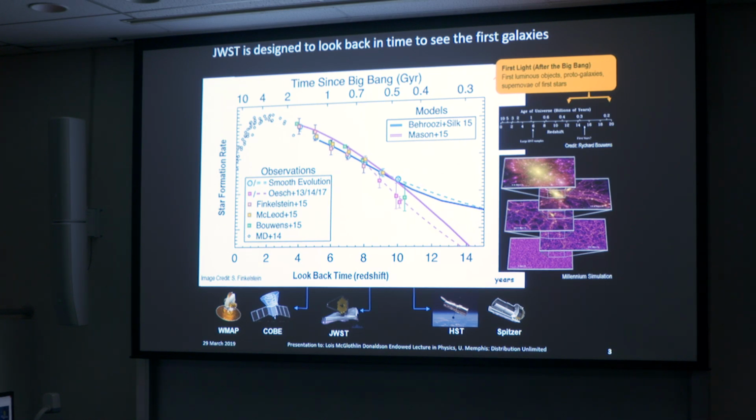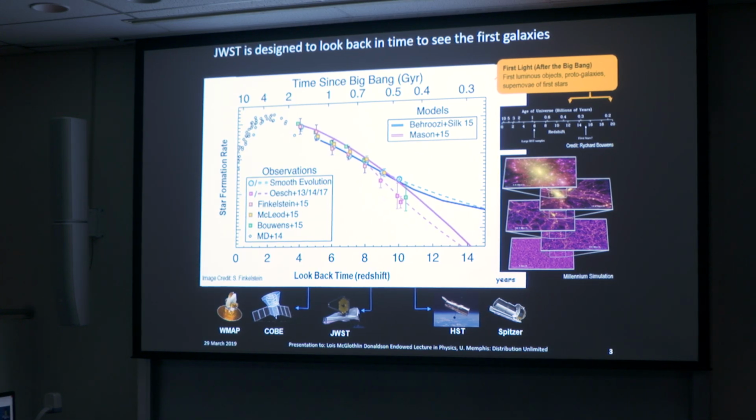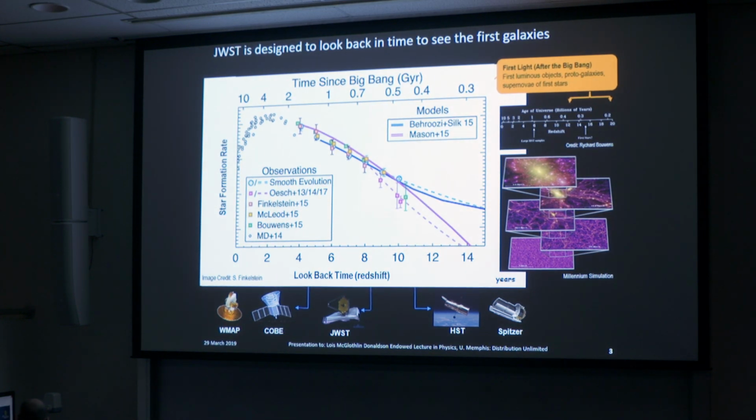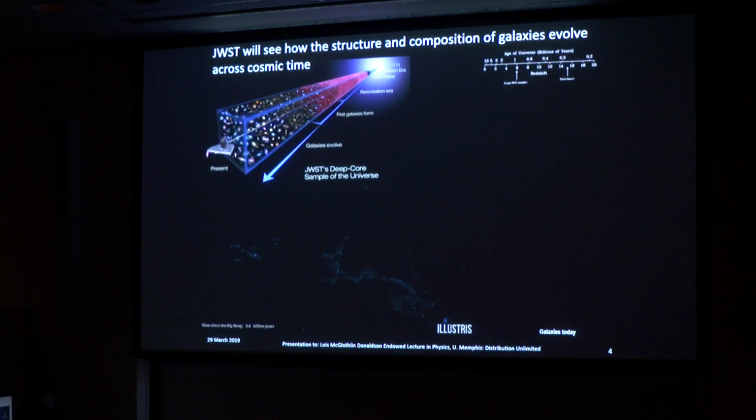And at some point we will see a precipitous drop-off, and that'll tell us that we've reached the formation epoch. And as we look back in time and fill in the data here, we will be able to discriminate between different models of how the universe began and how stars and galaxies evolved.